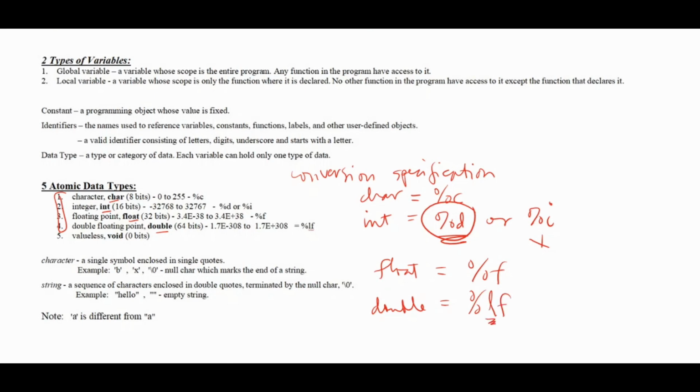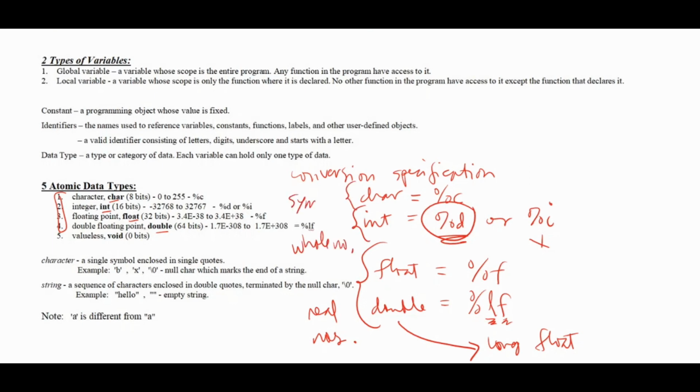Take note, lf means long float, because double is a long float. These two are real numbers. This is a whole number and this is a symbol, digit or letter or any special symbol. So %c for character, %d or %i for integer, %f for float, and %lf for double.